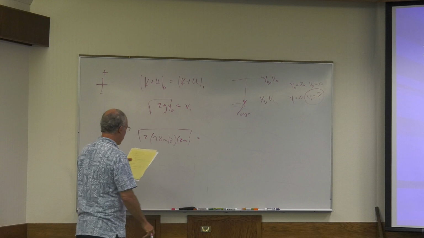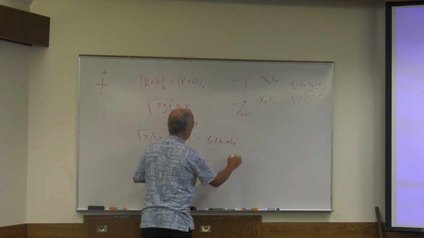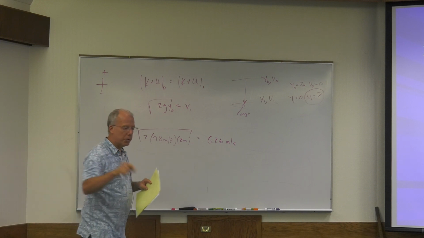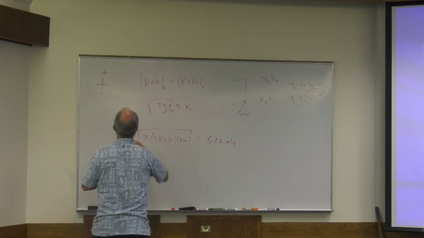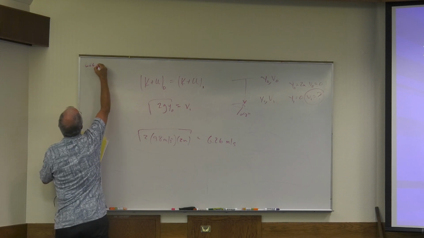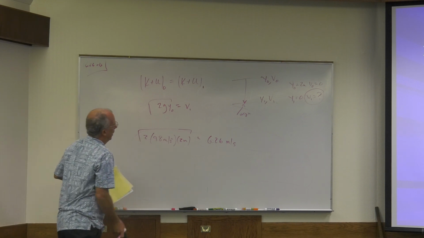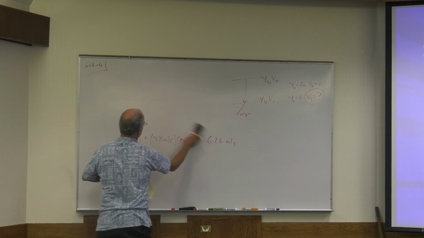And I promise you, when you do that, you get 6.26 meters per second. So right before it hits the ground, it's going at 6.26 meters per second. So remember that. Piece of cake, right? Just mechanical energy conservation. Love it.